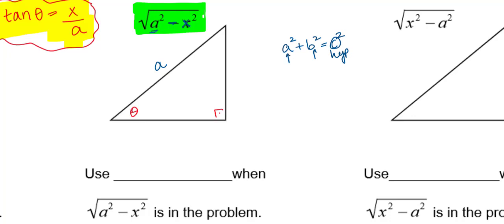So it's the sum of the squares of the legs that is the square of the hypotenuse. So if you're subtracting, so I'll subtract this b squared over here, that has to be a leg squared. Okay, so the more familiar you are with Pythagorean theorem, the more this probably makes sense. So my hypotenuse has to be a.